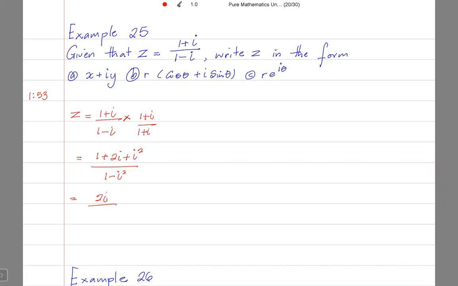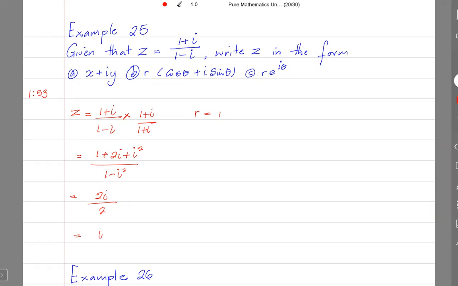And at the bottom, I have 1 minus i squared. So i squared is minus 1. So this is 1 minus minus 1, which is 1 plus 1. So it's 2. So it means that z is equal to i. Now, if z is equal to i, it means that the argument of z is 90 degrees, or pi by 2.